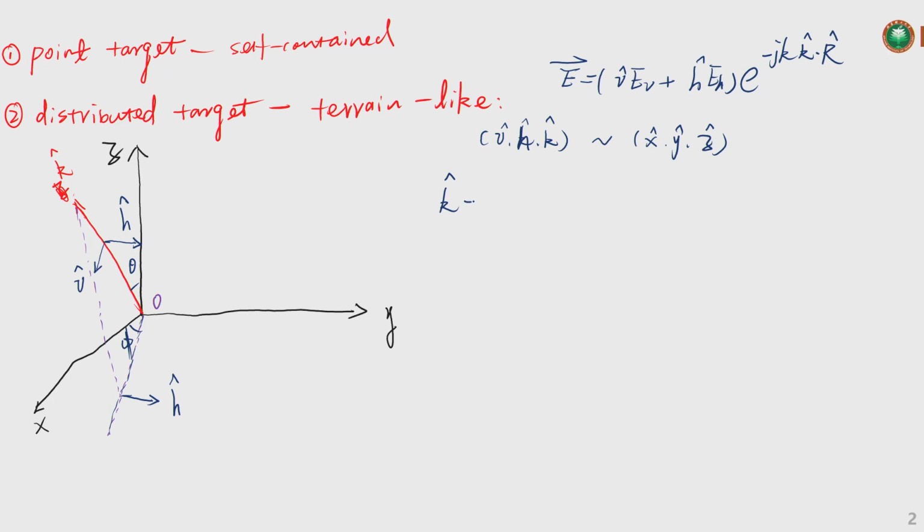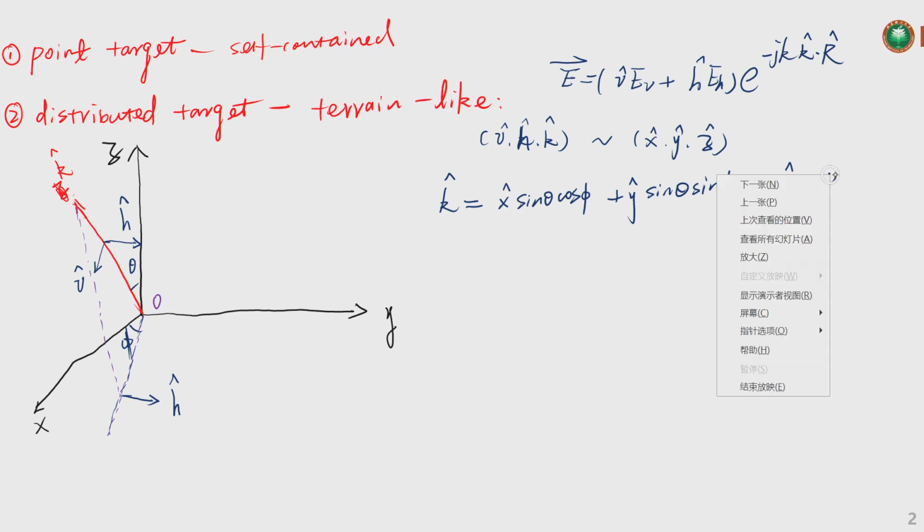K can be expressed as: the X direction is sin theta cosine phi, plus the Y direction sin theta sin phi, and then the theta direction cosine theta.